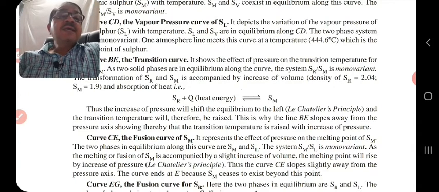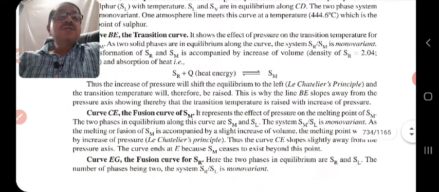The system SM and SL is monovariant. As the fusion of SM is accompanied by a slight increase of volume, the melting point will rise by increase of pressure. Thus, the curve CE slopes slightly away from the pressure axis. The curve ends at E because SM ceases to exist.